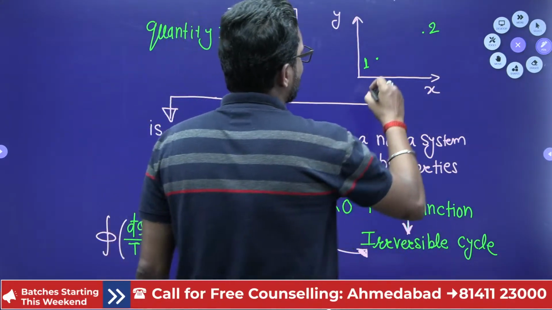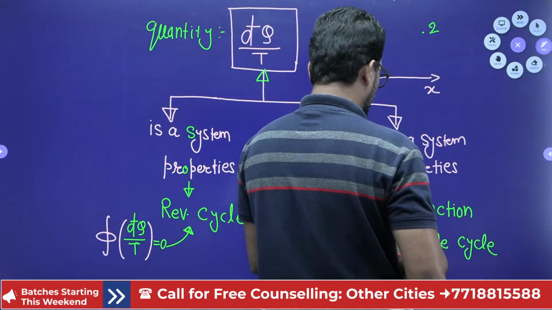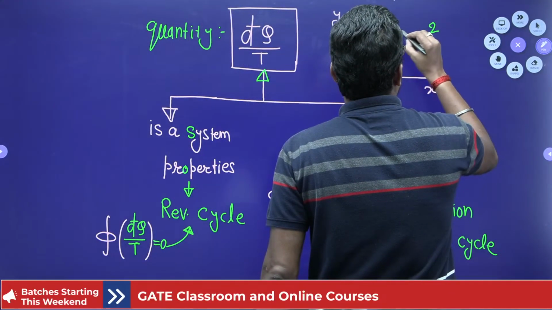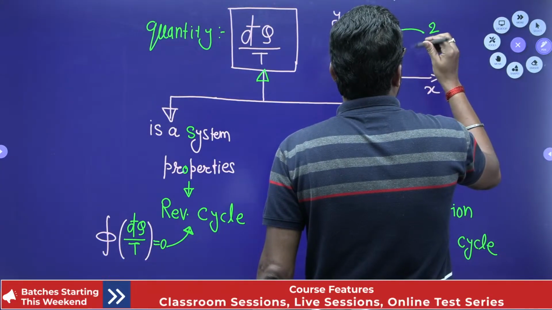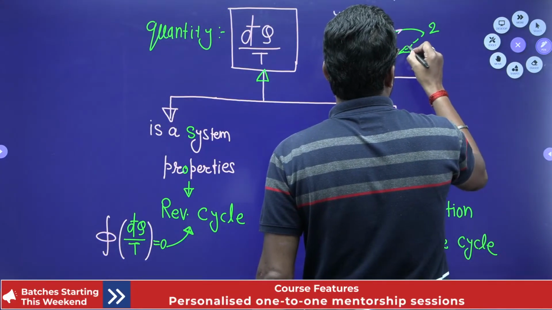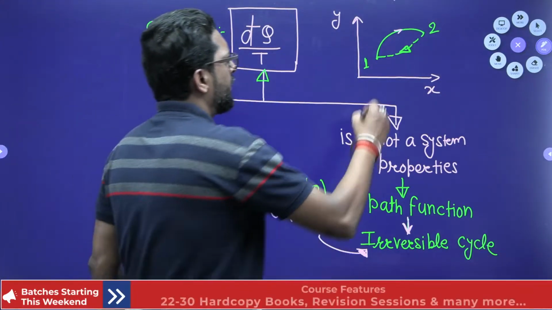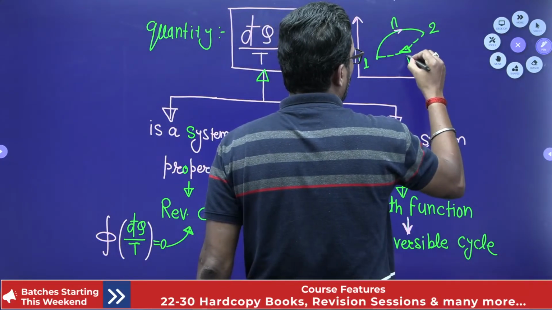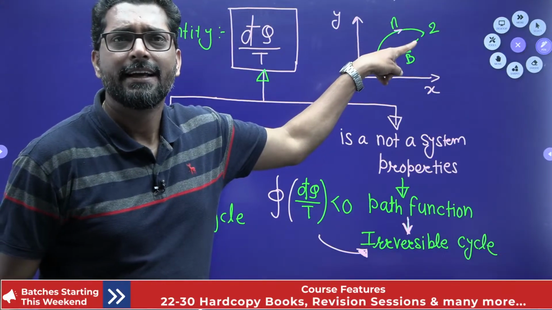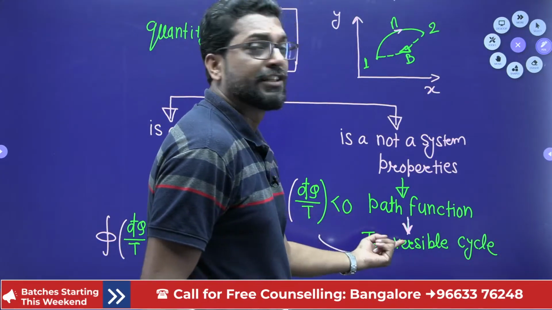If the cycle is irreversible, let's suppose this is your irreversible cycle, 1 A 2 B 1. During this irreversible cycle, this quantity dQ/T is not a property.